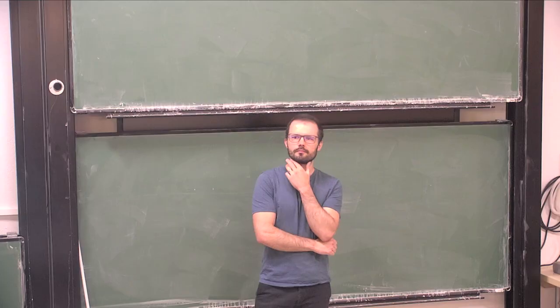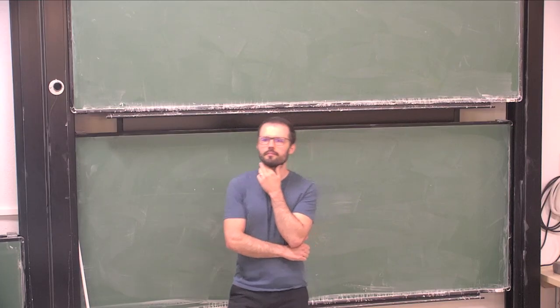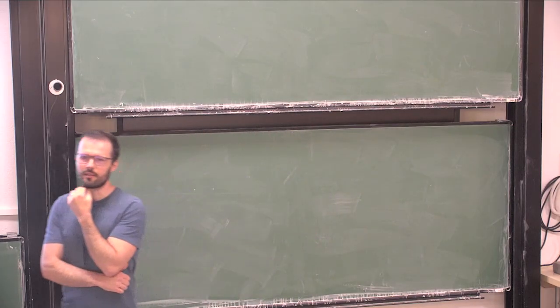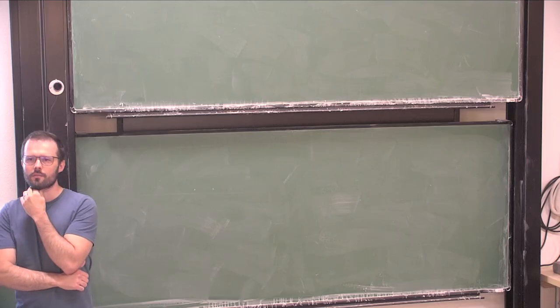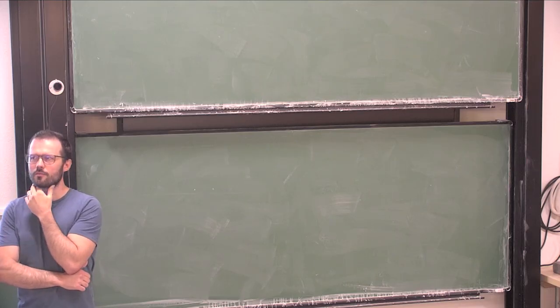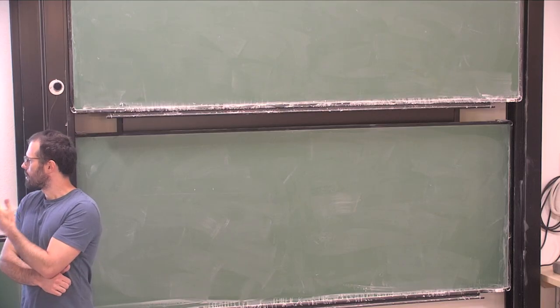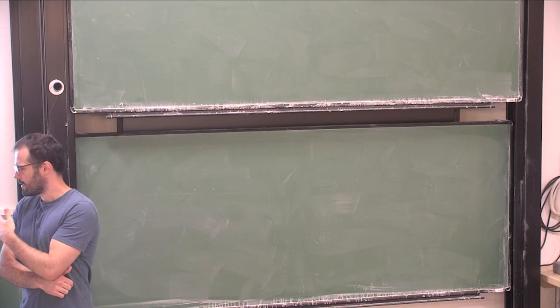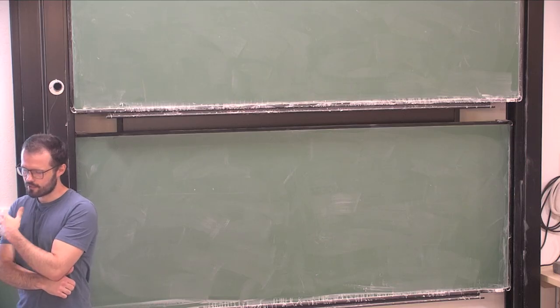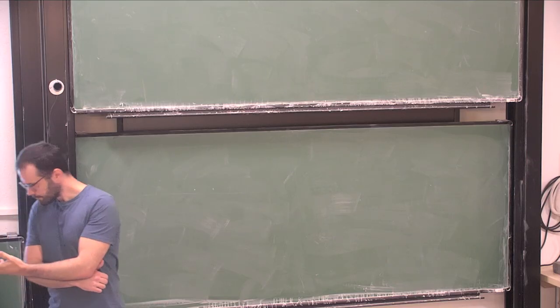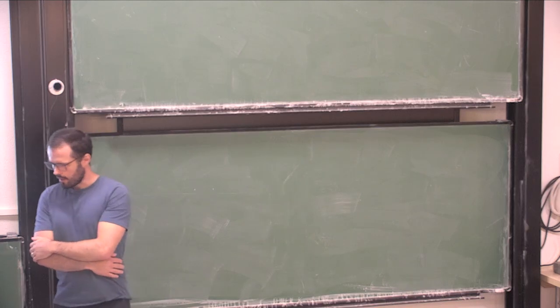Question: In higher rank it shouldn't be true, this multiplicity. This is a property of SL2R. Answer: Yes, but for rank 1 and higher dimension, there's probably finite dimensionality, which is good enough for us.